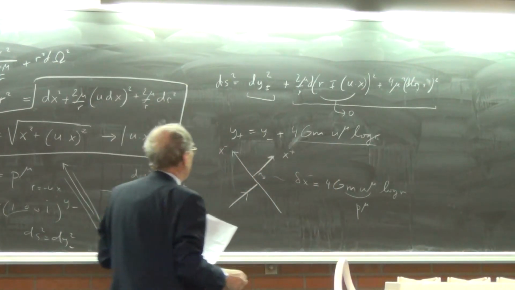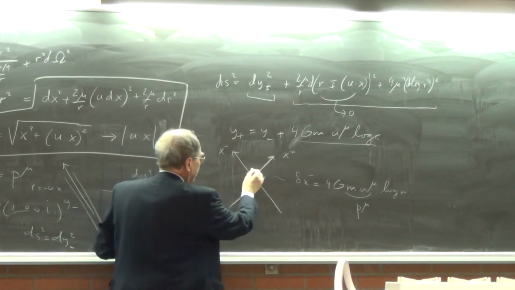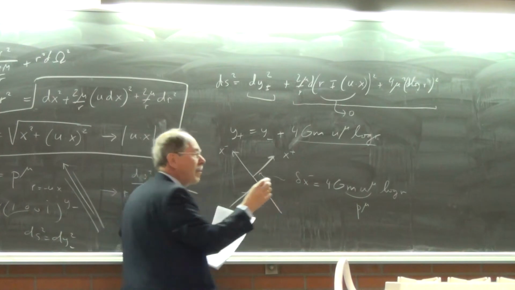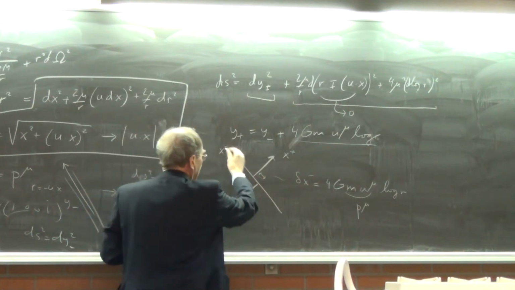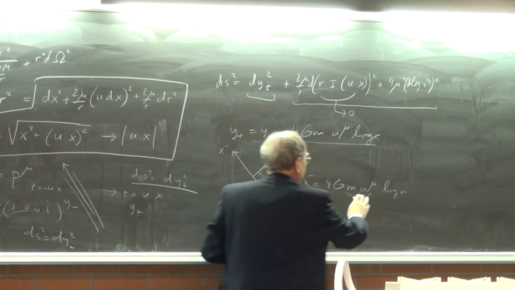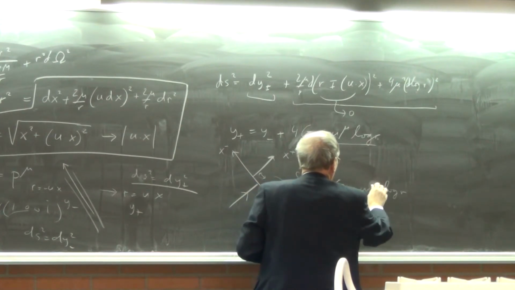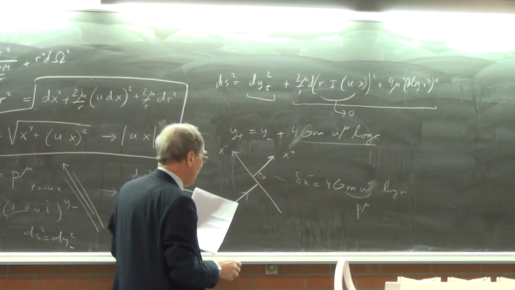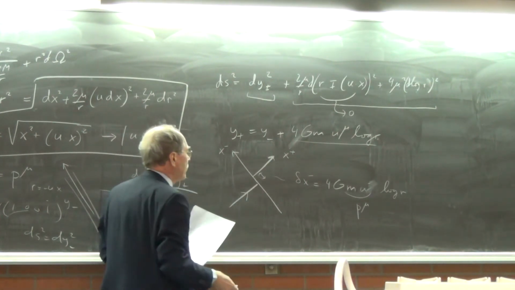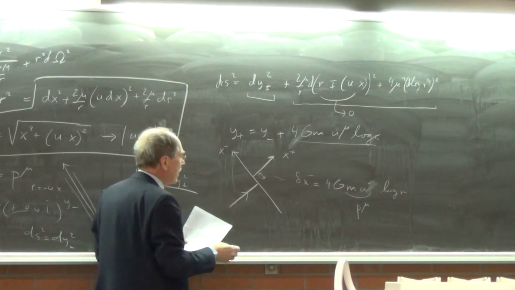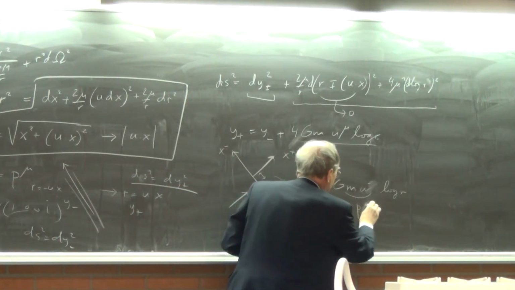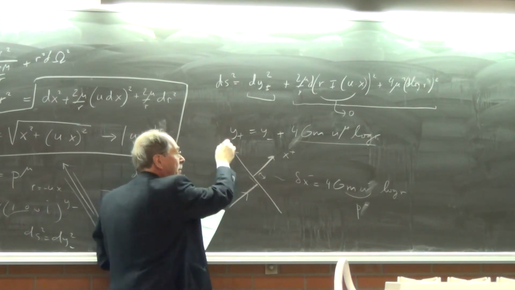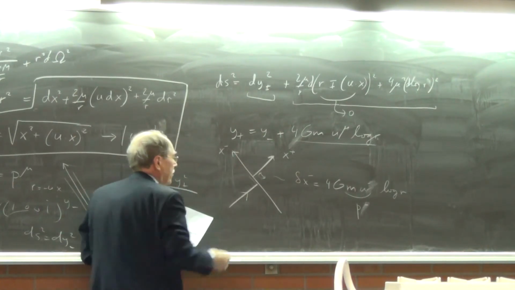So what you see is that the amount of shift that you're generating here is proportional to the forward momentum p, which is also in the u minus, I should say. That u minus goes in this direction. And so what you can see here is that the shift in the x minus direction goes proportional to p minus. The shift in the x plus direction goes proportional to p plus.